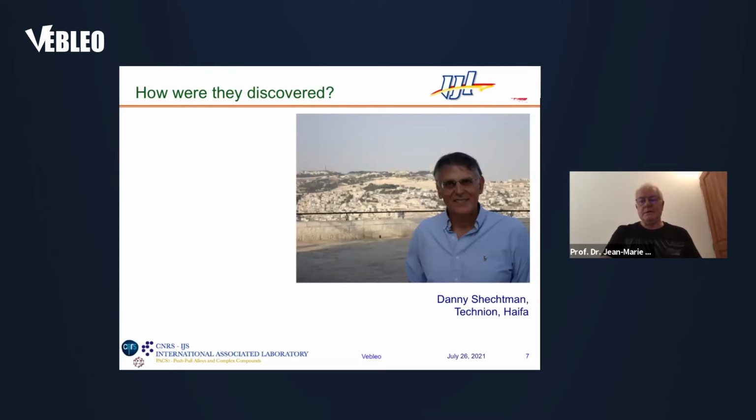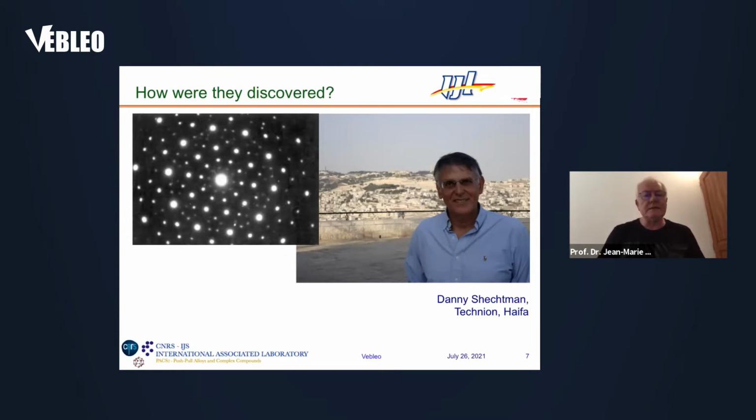And they were discovered by this gentleman, Dan Shechtman, when he was on a sabbatical in the United States. And this is what he observed after melt spinning an aluminum manganese alloy in the electron microscope, a figure with sharp diffraction spots, which looks like a crystal, but which cannot be a normal crystal because it has clear fivefold symmetry along this direction.